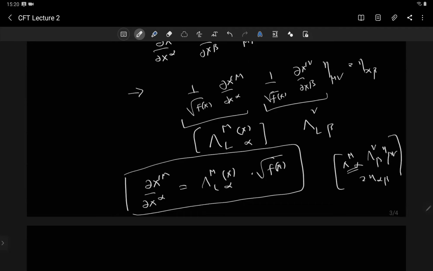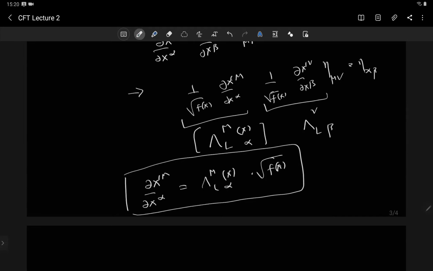Once you write it down like this, then we know the solution. The general solution is a Lorentz transformation, but it's local, meaning the Lorentz transformation can change at every point, times root f(x). What I'm saying is that if you multiply by 1 by root f(x), and call this lambda^mu_alpha, then I know the solution is a Lorentz transformation matrix.